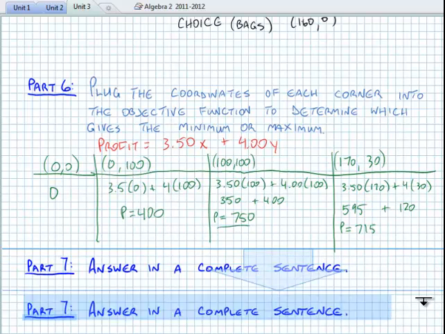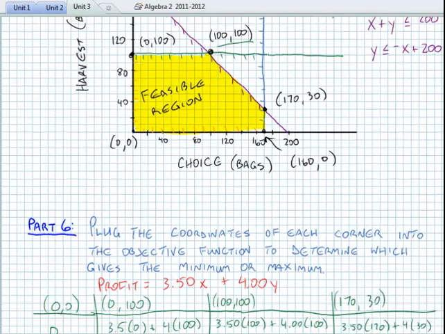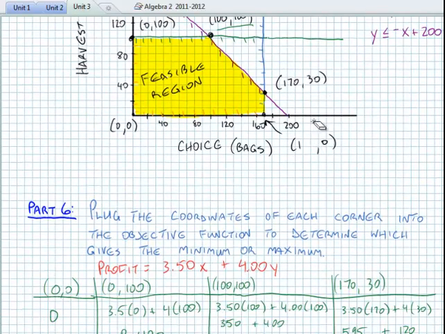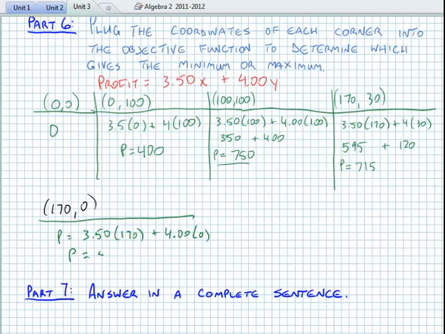We have one more point to try, and that's the point. Oops, appears I also made a mistake on this one. This should have been 170, 0. So we're going to do the point 170, 0, and we'll find out that our profit there equals just the 595.